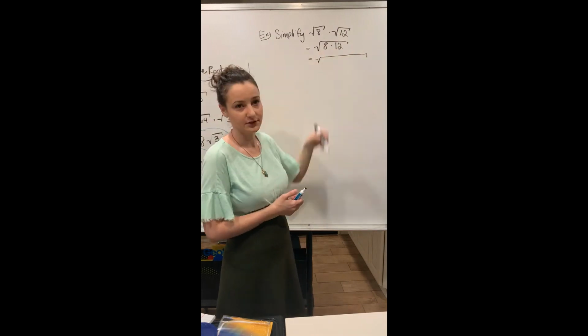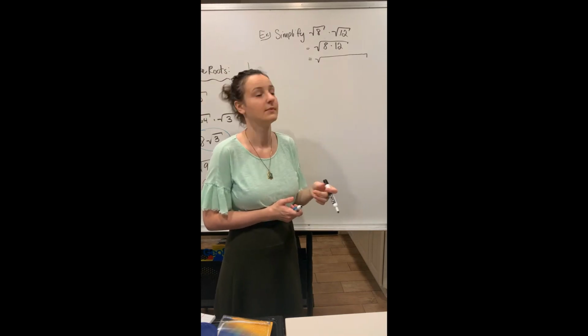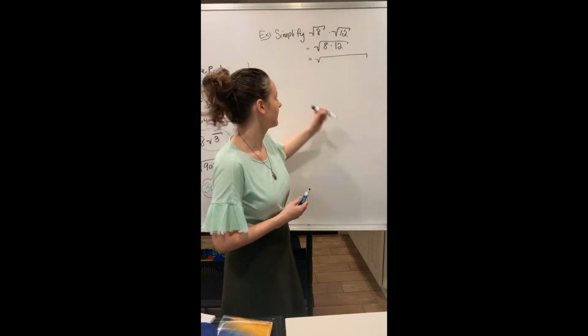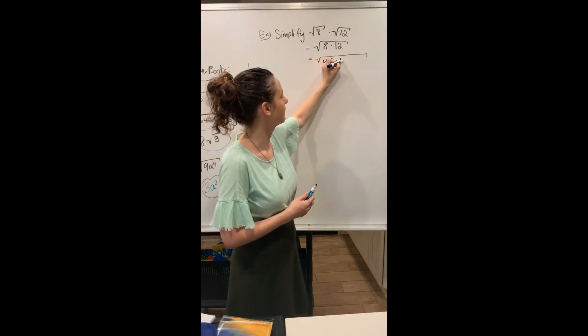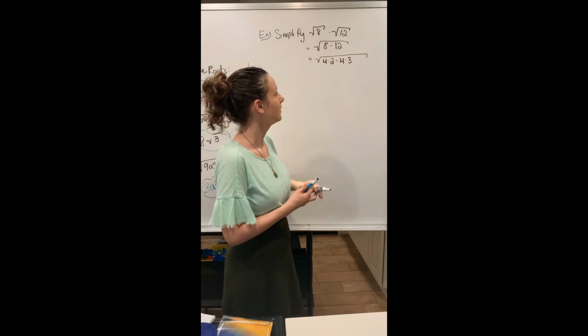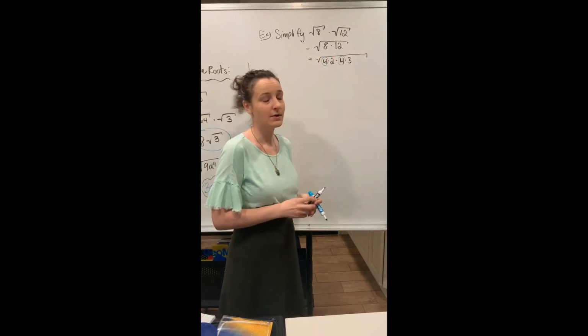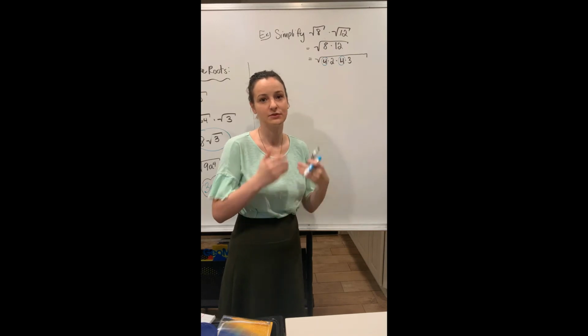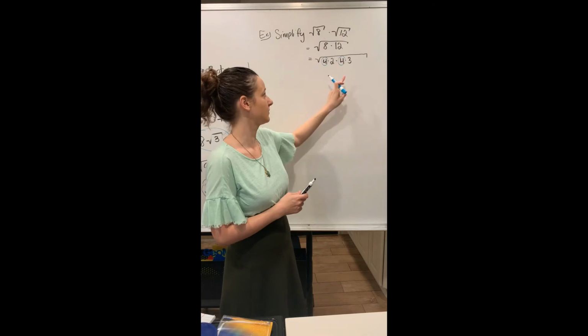What are factors of 8 and 12 that you know are going to be the same? So you may identify that 4. So I have 4 times 2 times 4 times 3 now. What matches here? 4 times 4. And remember that the square root is the opposite of squaring a number. So now I have 4 squared underneath the square root symbol.